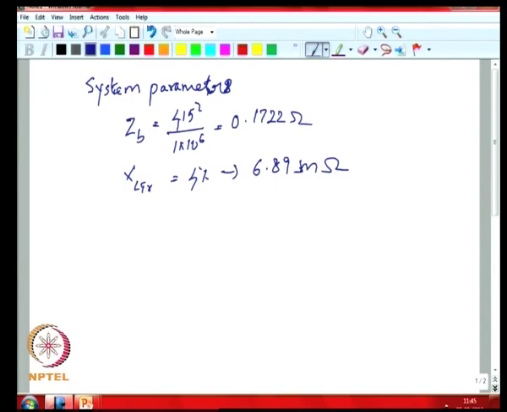If you look at the DG, it is a 200 kVA DG.